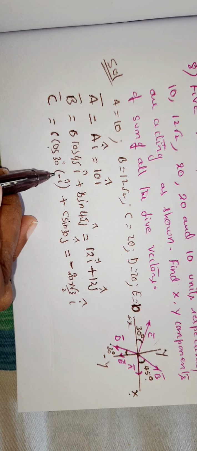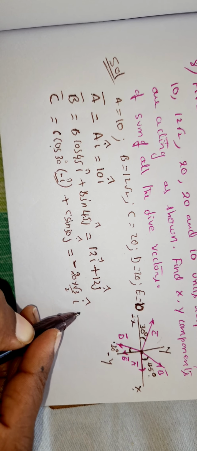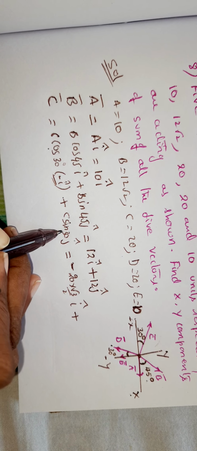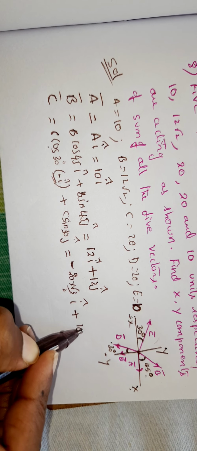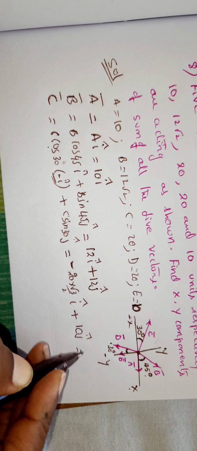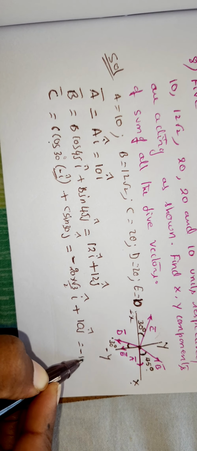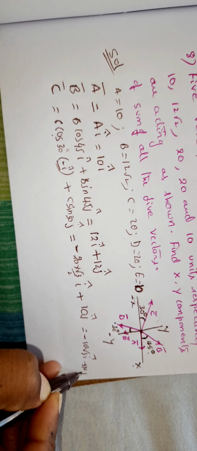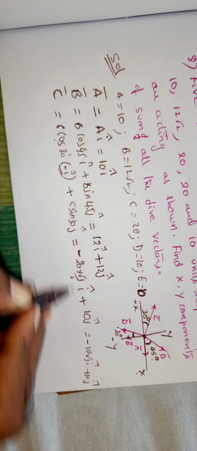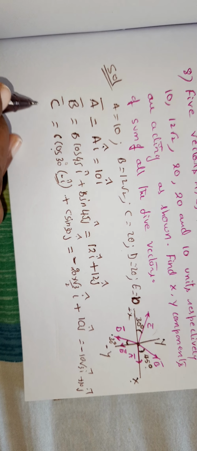Because this is minus I cap. Right. Plus sin 30 is 1 by 2. C is 20. 20 into 1 by 2 is 10. 10 j cap. Let me rewrite. So it is minus 10 root 3 I cap plus 10 j cap. Okay? Right.